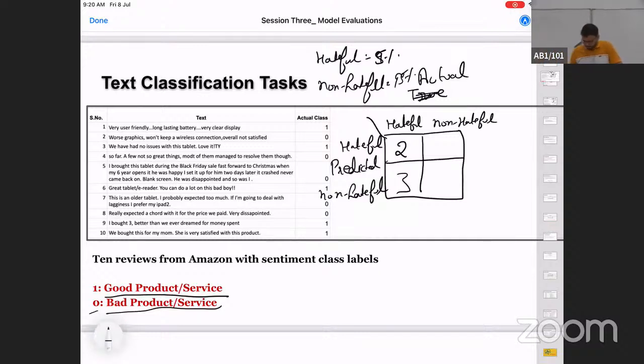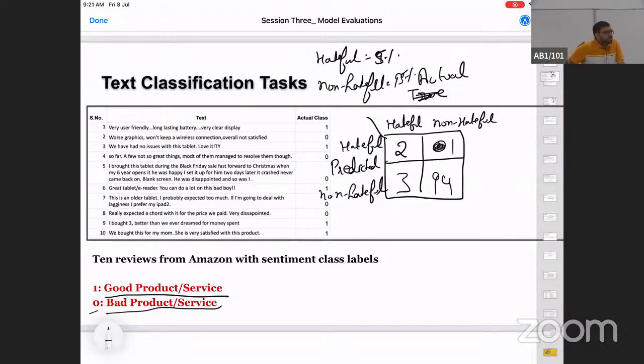And similarly, for non-hateful messages, maybe just one of the non-hateful messages was predicted as hateful, and the rest, 94 non-hateful, were predicted as non-hateful. We can always have a model like this, which can predict the way we have created this confusion matrix. That's not a difficult thing.